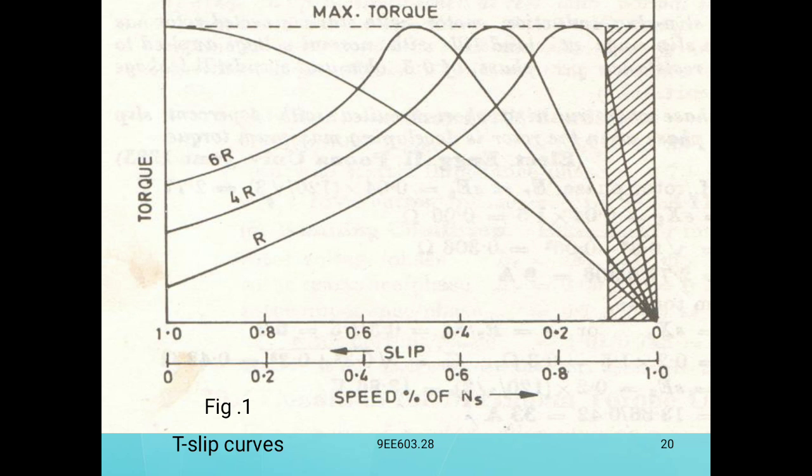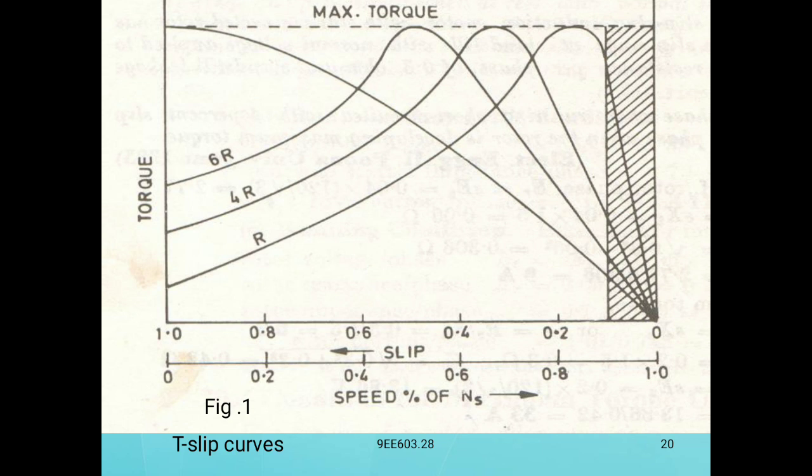After that, as the slip decreases, the torque goes on increasing up to the maximum, then it is reduced to 0. For 6R, the starting torque increases further from 4R to 6R. After the maximum torque, it goes on decreasing.